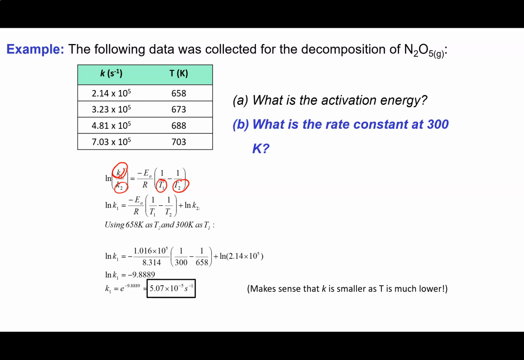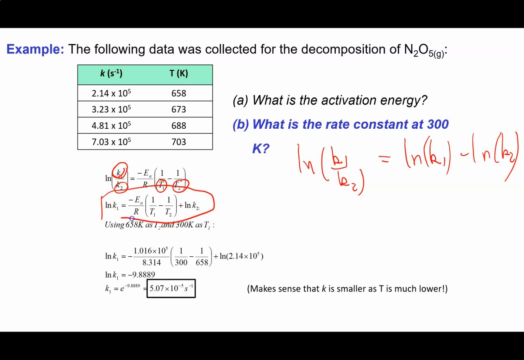I didn't do that here. I did old school algebra. Log K1 on K2 is equal to log K1 minus log K2, so I've used that to my advantage in getting this expression. Now I just go ahead and solve for log K1, where K1 is the rate constant I'm interested in.